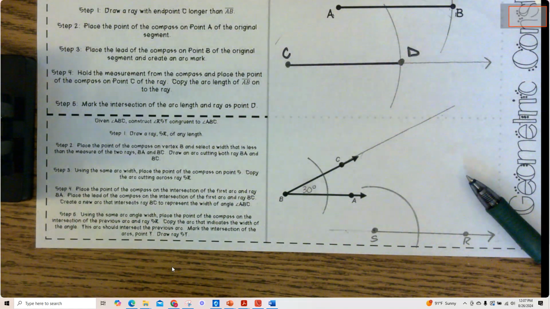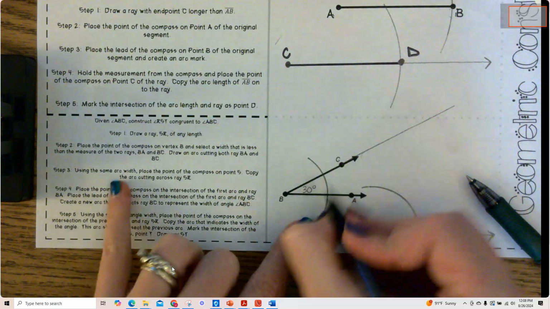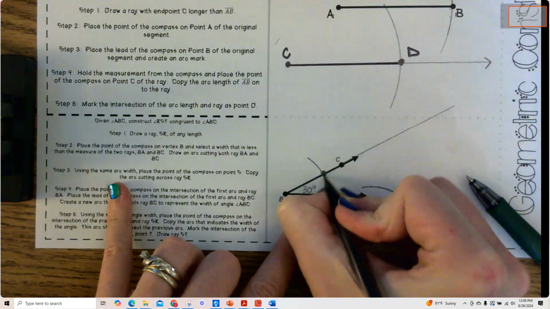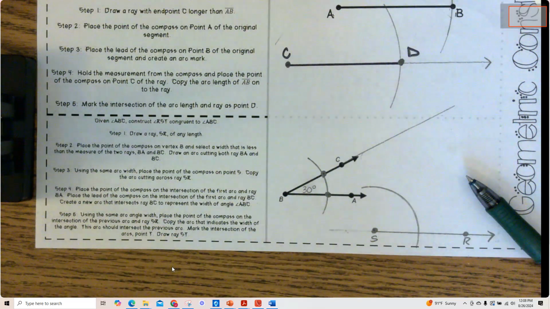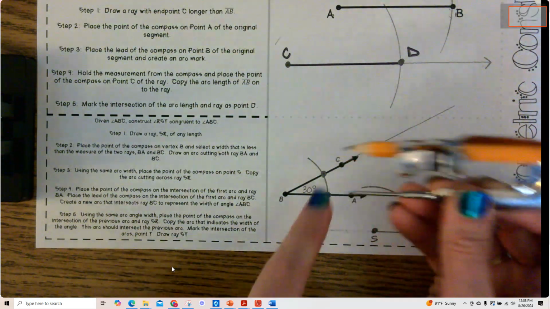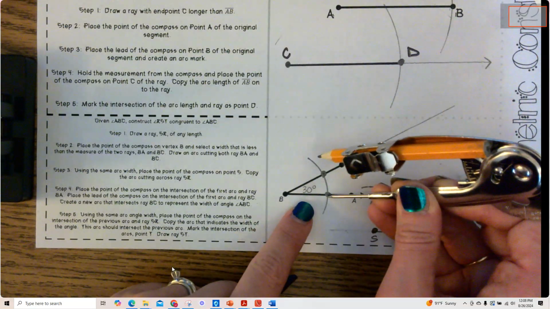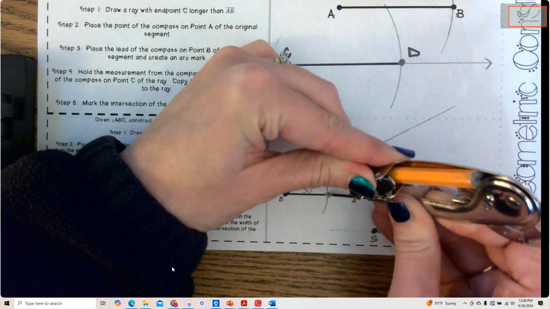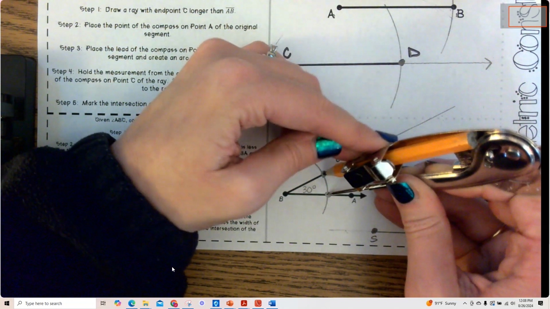So we're going to change distances here, but where these arcs intersect the angle, those 2 places, we want to take that measurement. Okay, so you're going to place the point on one of those intersections, and then the lead on the other intersection.